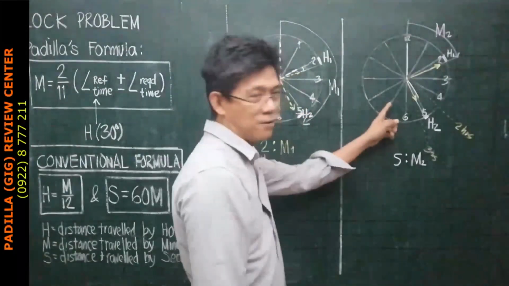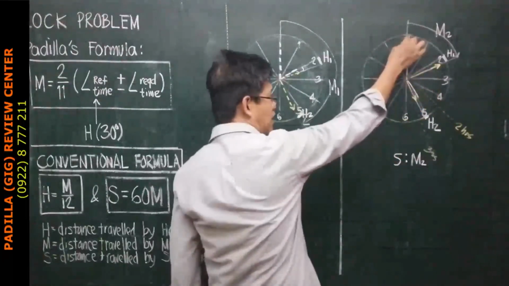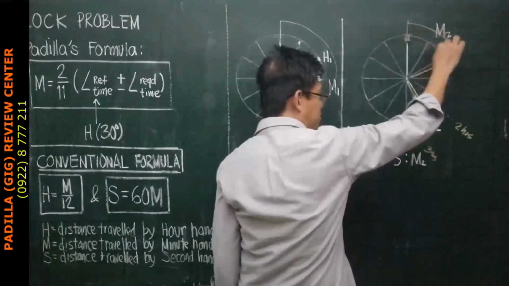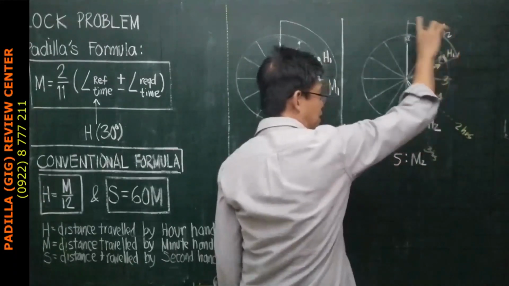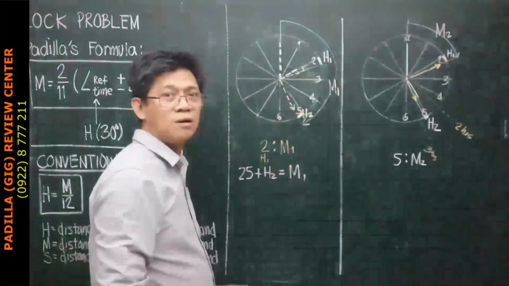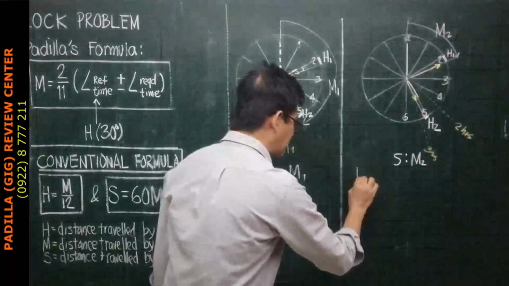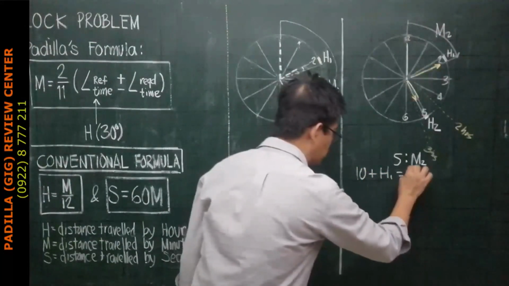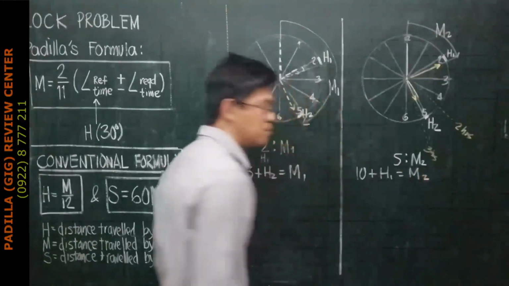Let us move to this one. From 12 o'clock to 2, this is 10 minutes. 10 minutes plus H1 is the same as M2. So we have 10 minutes plus H1 is equal to M2.